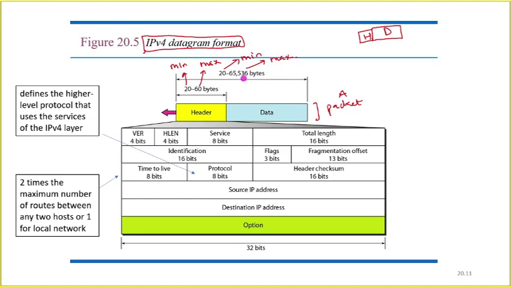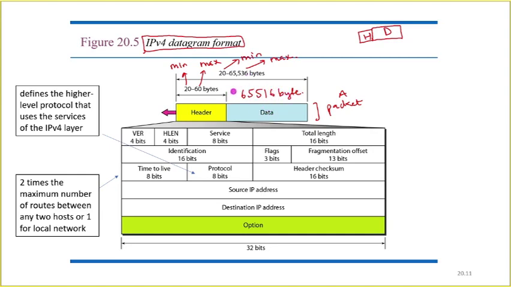The maximum size of data, though, is found by subtracting 20 from here, so it will be 65516 bytes. This is the maximum size of data that can be available.